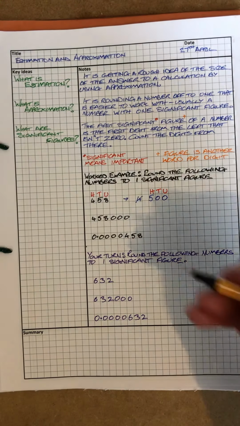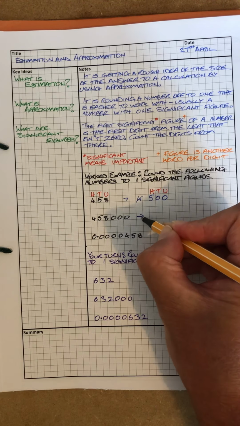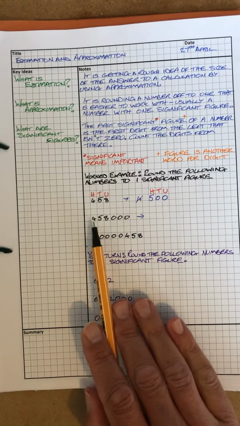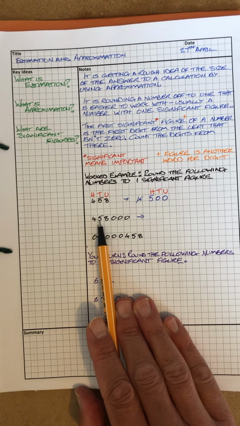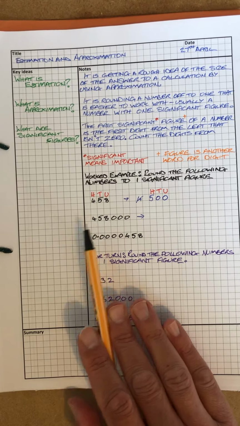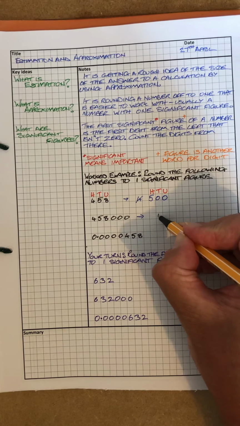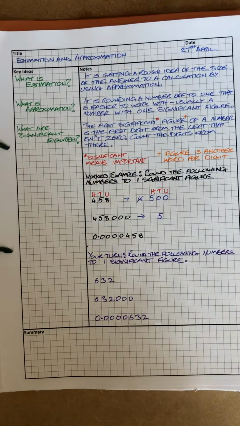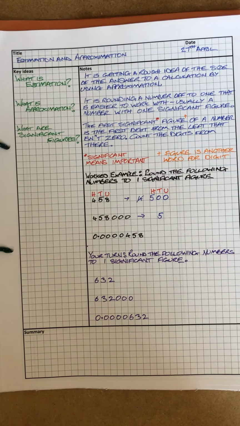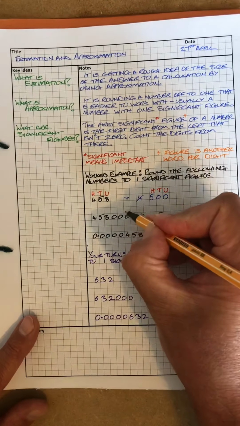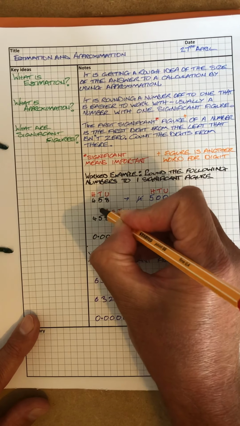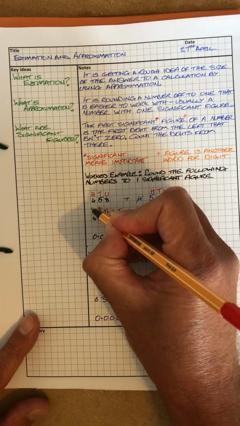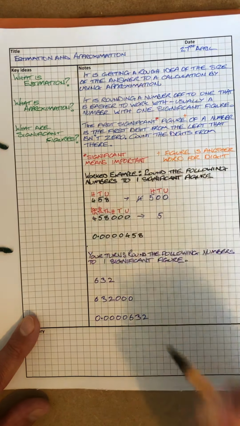Okay, let's try the next one. Again, I'm keeping just the first digit, just the 4. I don't want to write the 4 down this time because we've already seen that when there's a 5 following it, it's going to round up to a 5. But it's not going to end there. We've got units, tens, hundreds, thousands, 10,000s, 100,000s.